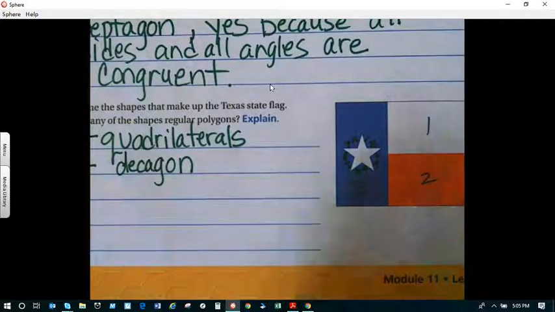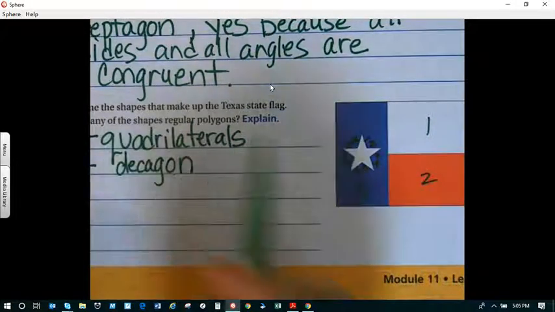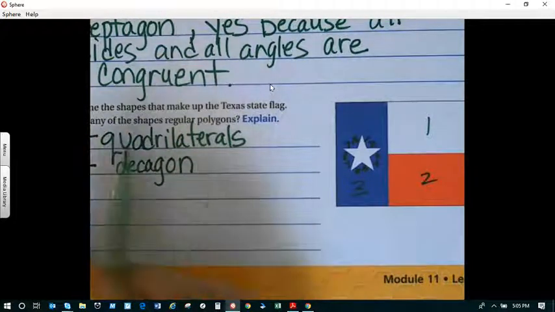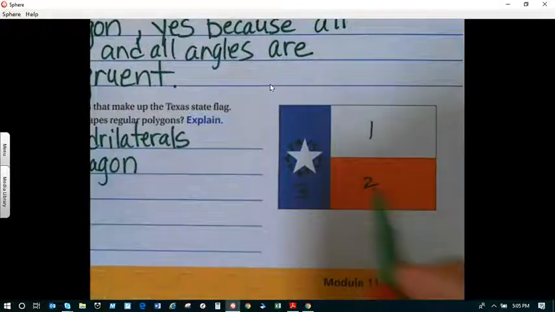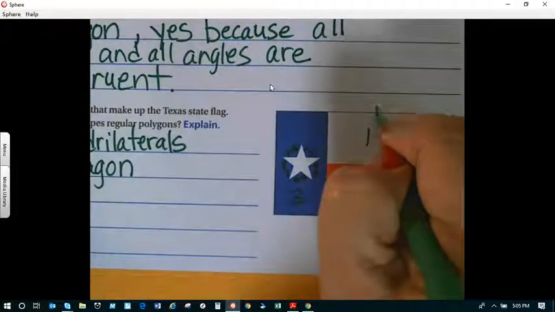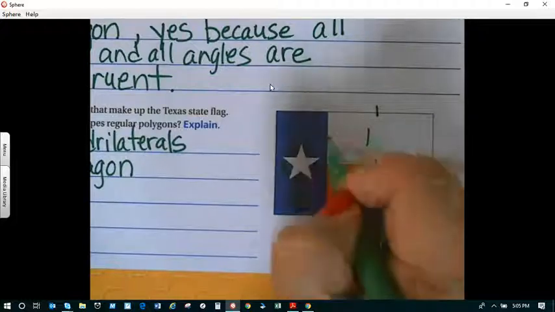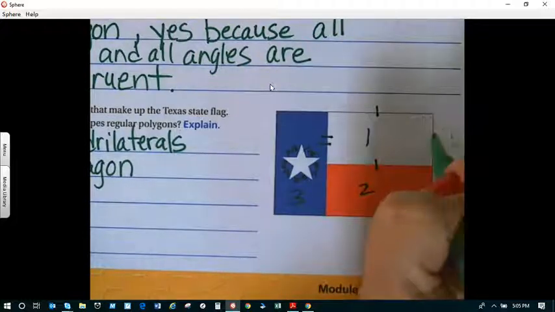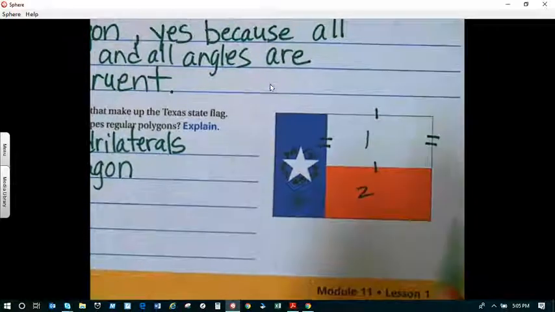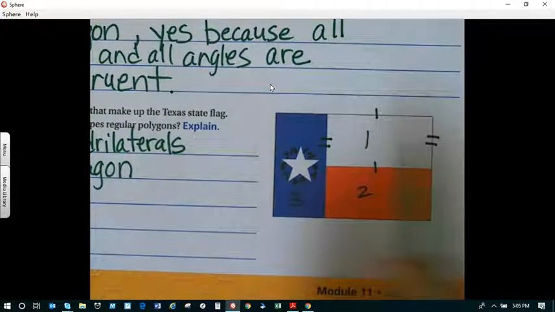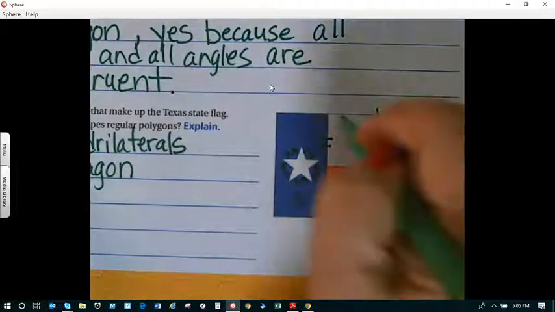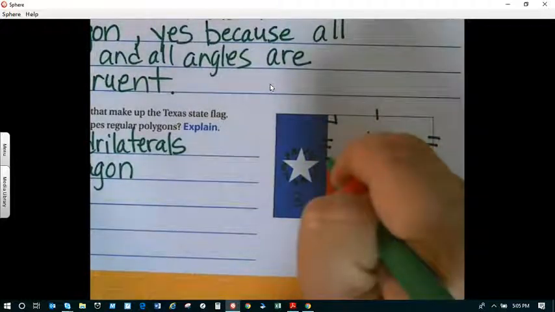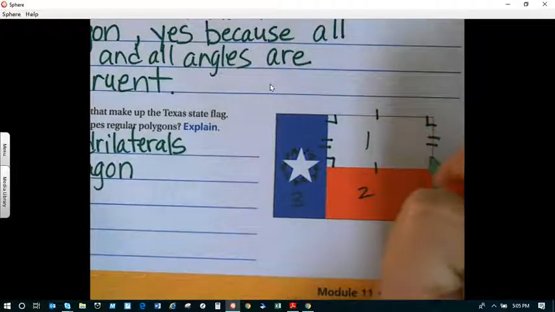Now I need to find out, are any of these shapes regular polygons? Well, I'm going to look at my quadrilaterals, and I know that this side is equal to this side, but this side here is equal to this side. So immediately, are all sides congruent? No. All angles are congruent. I have a right angle here, a right angle here, a right angle here, a right angle here.